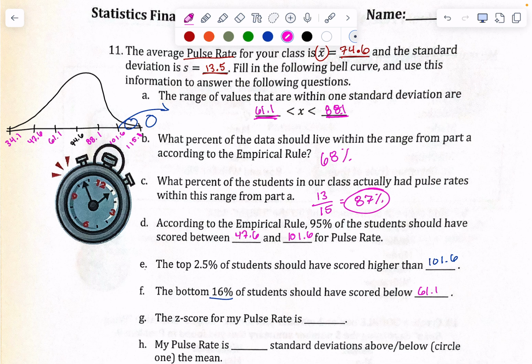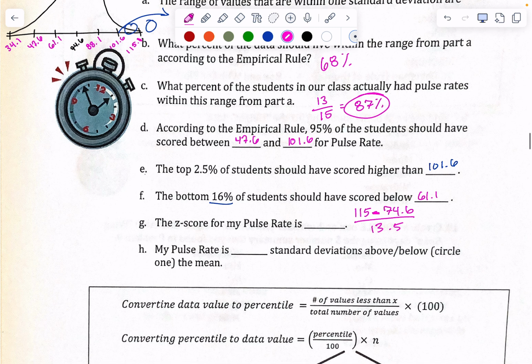It's not even a full standard deviation away though. Yeah, mine's like half. What does this mean? My pulse rate is blank. Mine's negative 0.76. What's that mean? It's going to be negative. What's the question asking? My pulse rate is how many standard deviations above or below the mean?